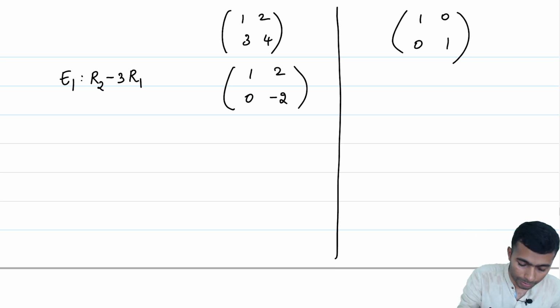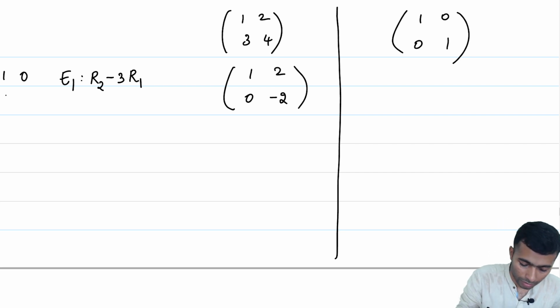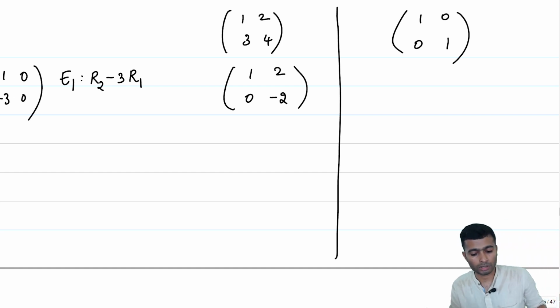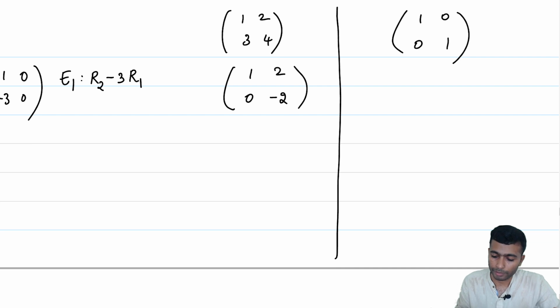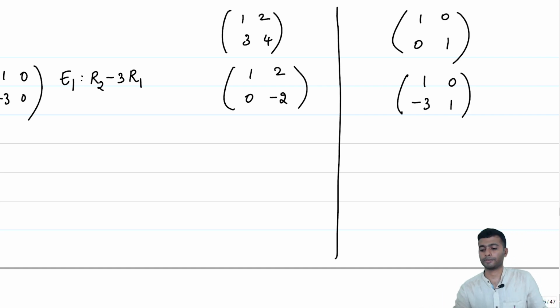So, the corresponding matrix will be identity, and the second row is minus 3 comma 0, right. This is what the corresponding E1 will be. Okay, so, what will be the effect on the identity matrix? 1 0 remains unchanged. So, minus 3 comes here, and we have already calculated what that is. It is the first row operation that we did.